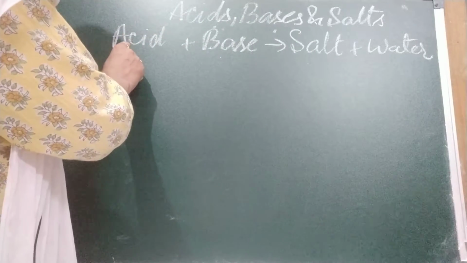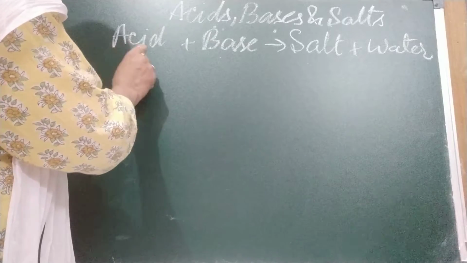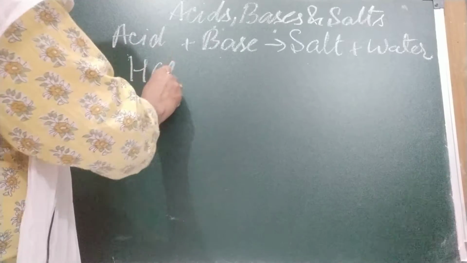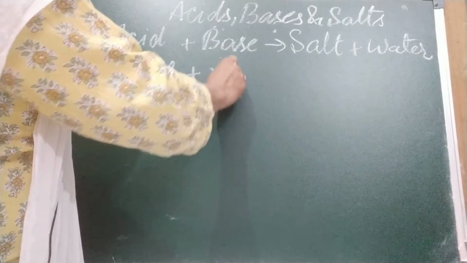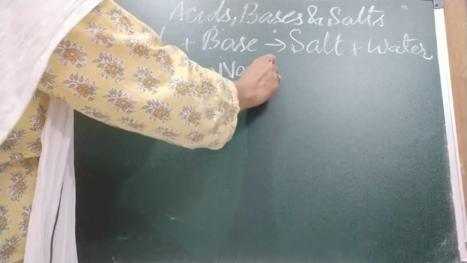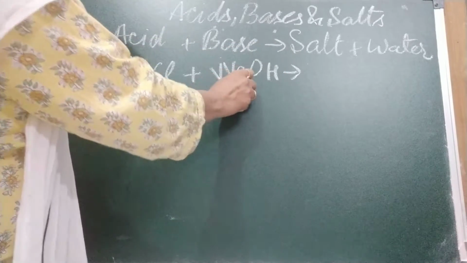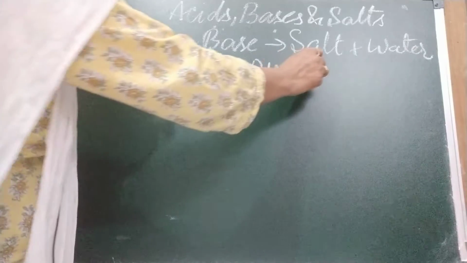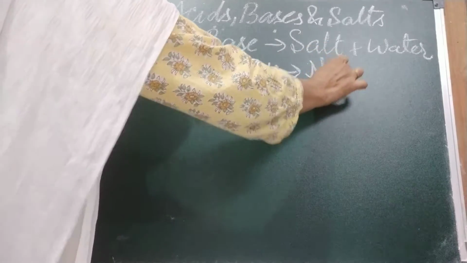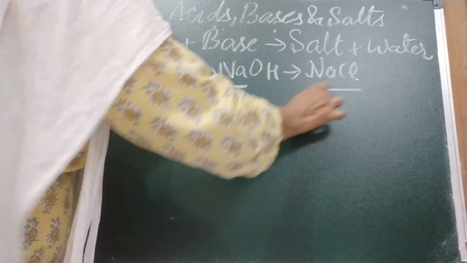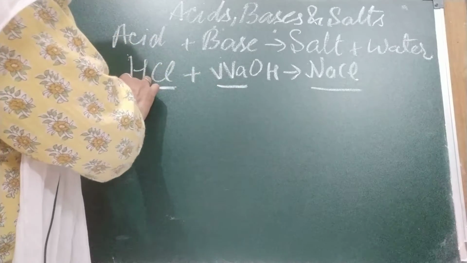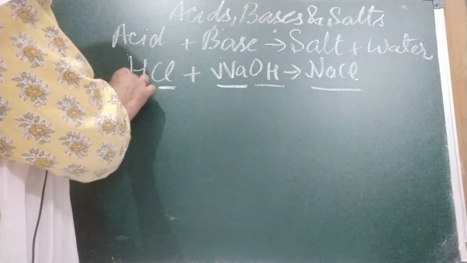A very common example is hydrochloric acid and sodium hydroxide. When they react, the metal and non-metal together form salt, and hydrogen and oxygen together form water.